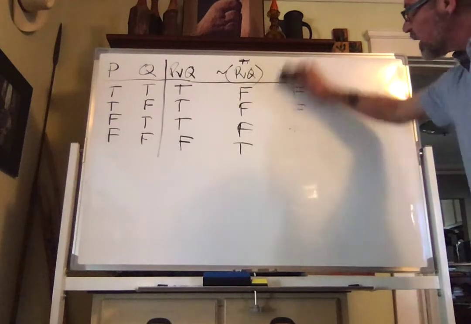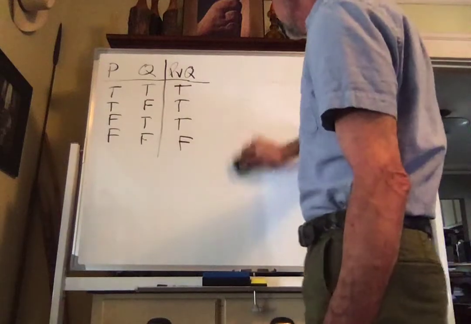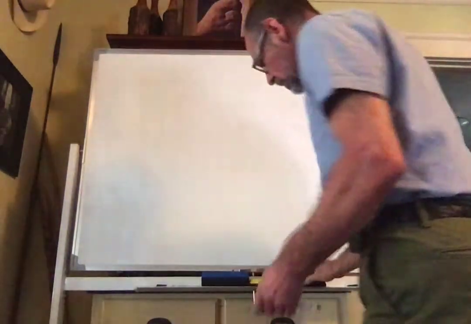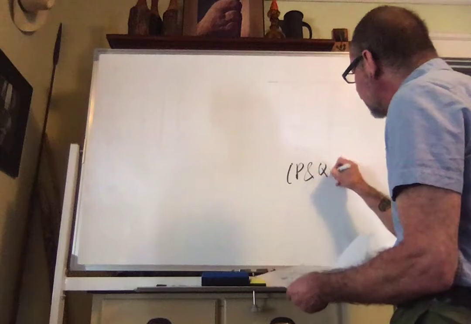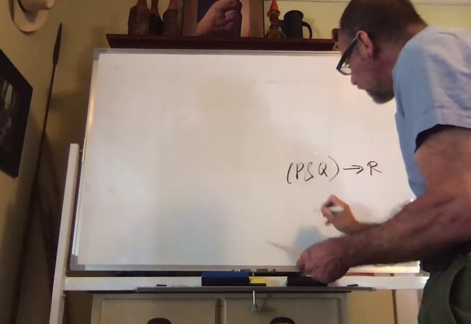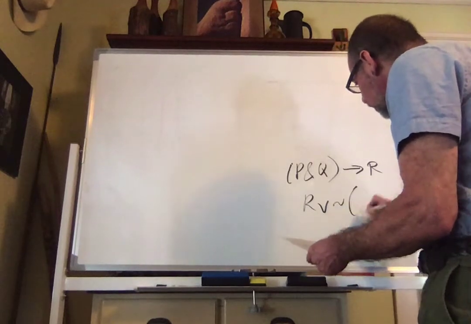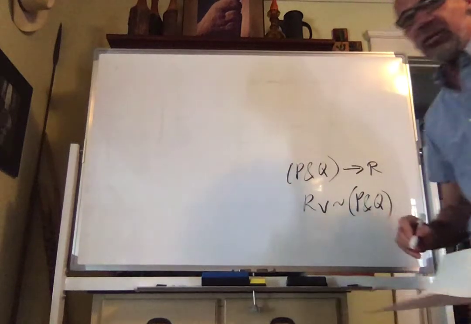All right, I want to turn now to number 8 so that we do an example with 3 variables. That is, let's see, P ampersand Q inside of parentheses followed by arrow R, and then R wedge, negation sign, open parentheses, P ampersand Q close parentheses.